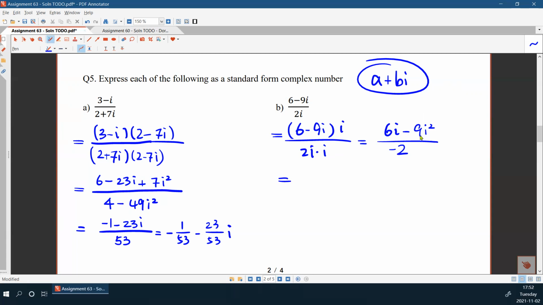Okay, so 9i squared is 9, then plus 6i over minus 2. This will give us minus 9 over 2 minus 3i, right? Which is also in the form of a plus bi.